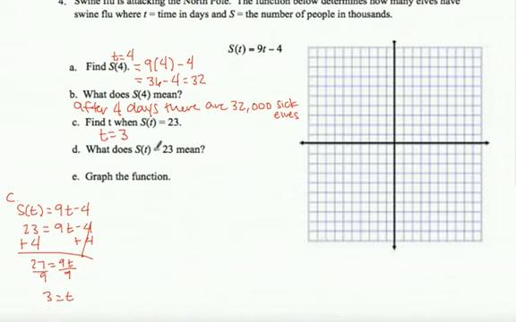What does s of t equals 23 mean? So what that means is after 3 days, because my t was equal to 3, there are 23,000 sick elves.